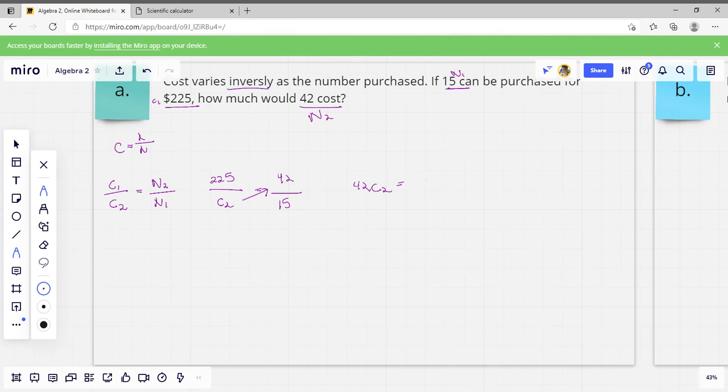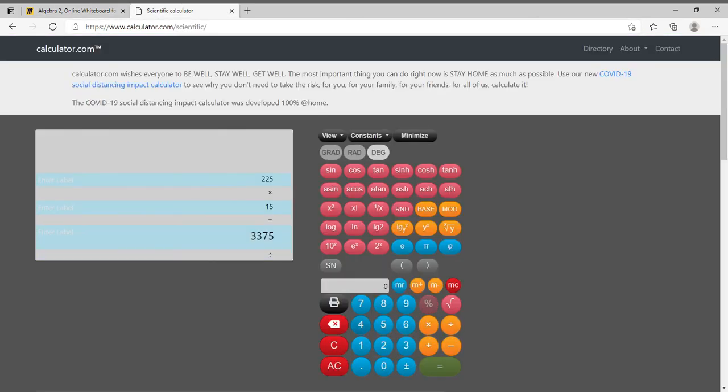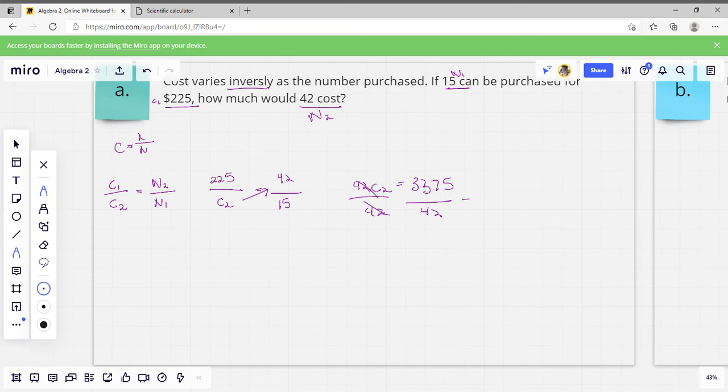That's 3375. And then we have to divide by 42. That's 80.35, $80.36. That's the answer to the first one.